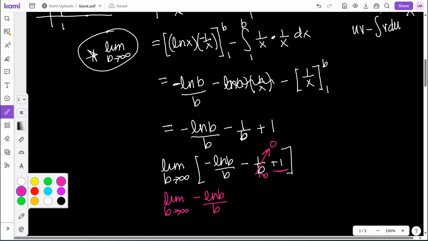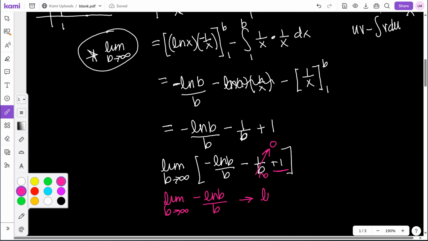Well, this is L'Hopital's rule. We have to use that, because right now if I plug in infinity, I'm going to get infinity on the bottom, negative infinity on the top, so I have to do L'Hopital's rule.